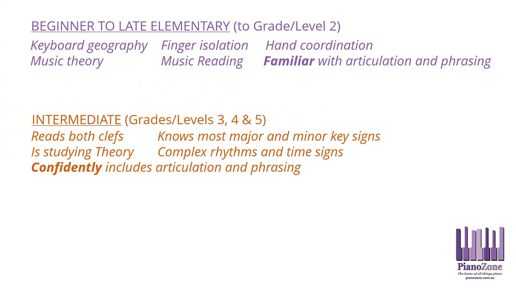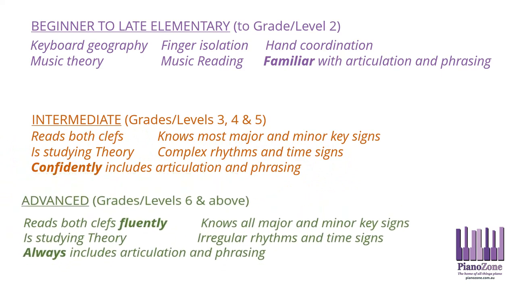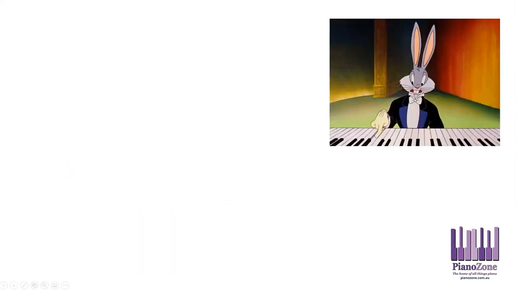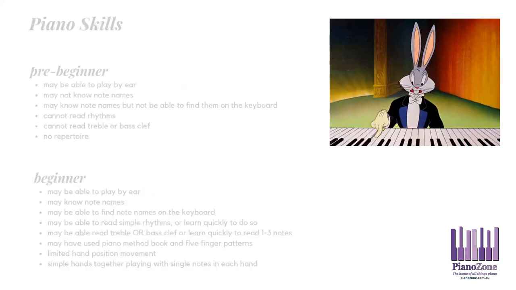Intermediate players should by now be reading both clefs, know most key signatures, can confidently include articulation and phrasing, and are experiencing complex rhythms and time signatures. Advanced players read fluently, always include stylistic directions and details, articulation and phrasing, and are experienced in irregular rhythms and time signatures. So let's look at the skills for each level in more detail.